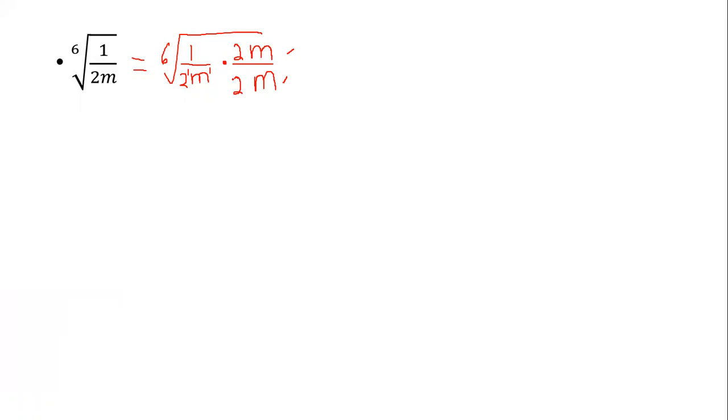MU. Ayan. MU. So, yung 1 po, kailangan pa po niya ng 5. Kailangan mong dagdagan ng 5 para matumbasan niya yung 6 na index. Remember, ito po yung basihan natin kung ilan ang idadagdag natin dito sa original na exponent.